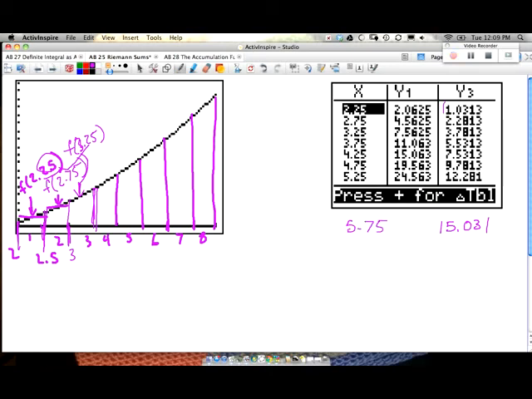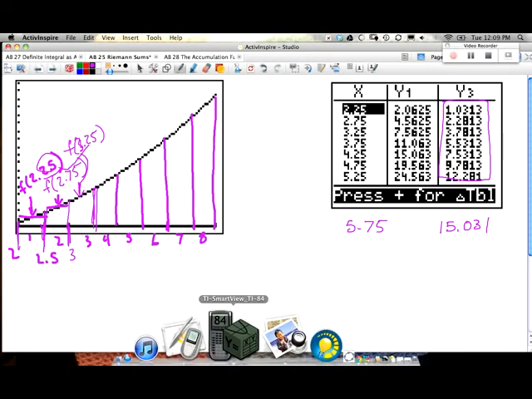Then we got to add up all those numbers, just like we added up the areas before. So again, let's use our calculator.